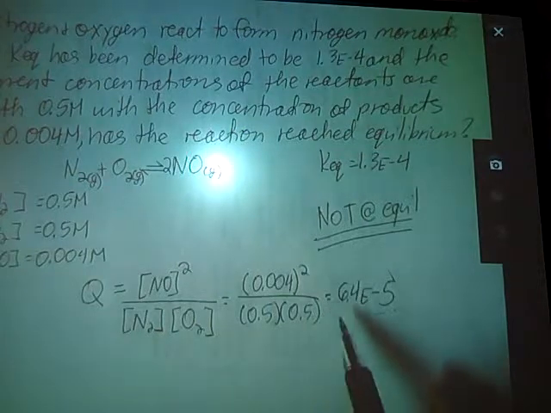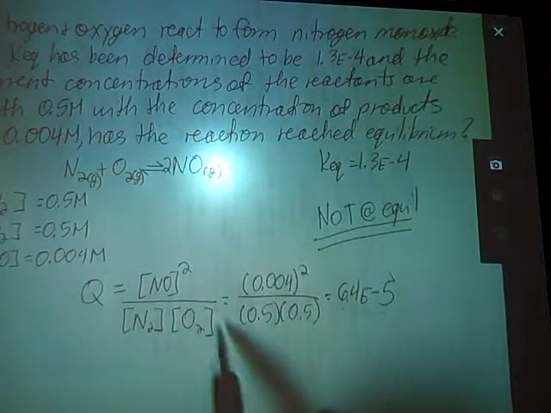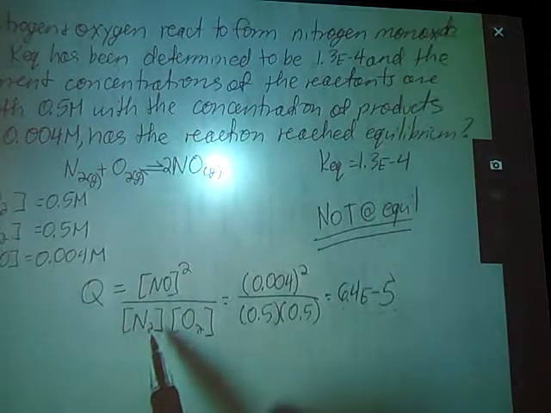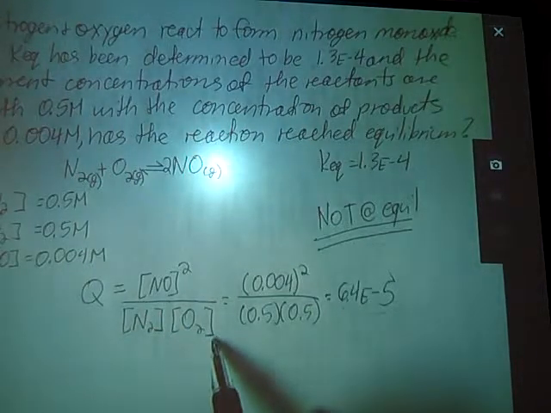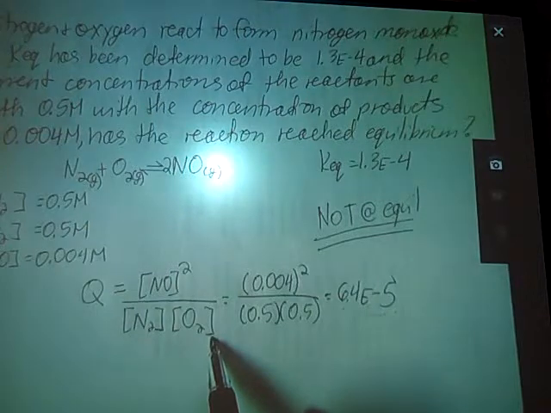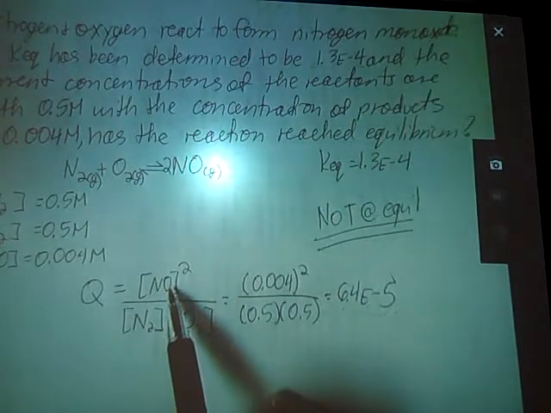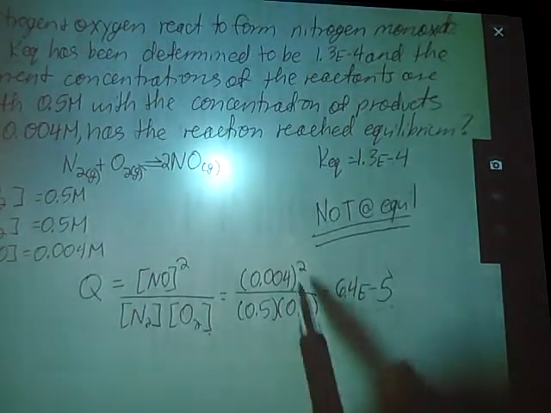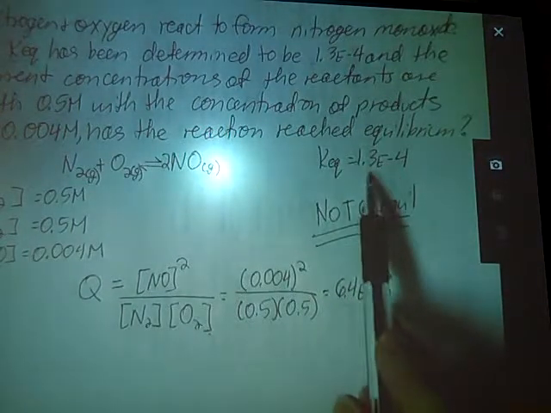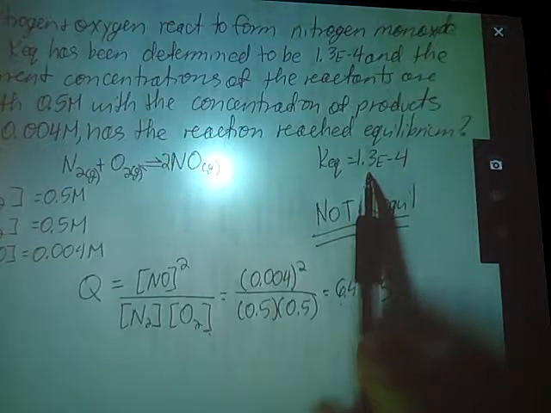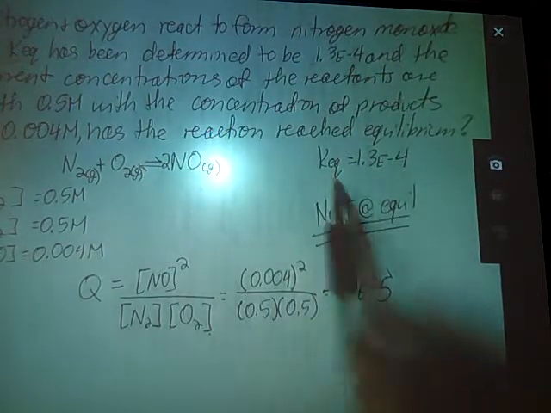So since this is too small, that means these numbers are too big. If these numbers are too big, my reaction needs to shift further towards my products. I need more of this top number. I need to make this number bigger to get towards my 1.3 times 10 to the negative fourth. That is my equilibrium, my KEQ.